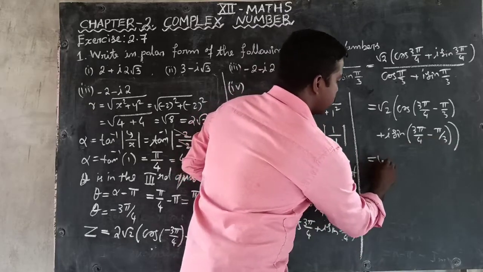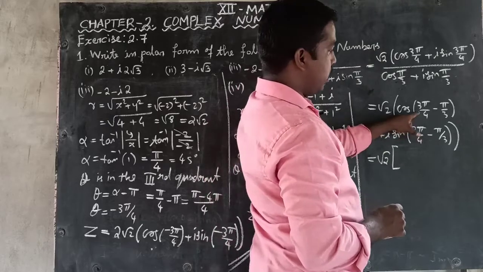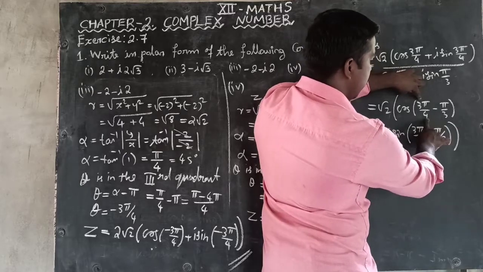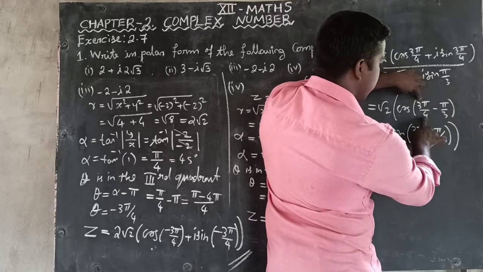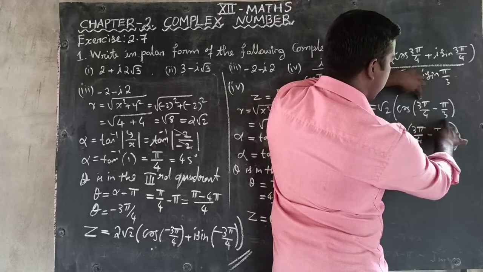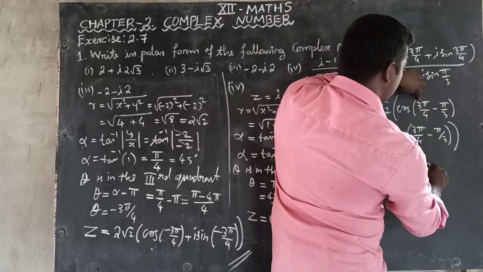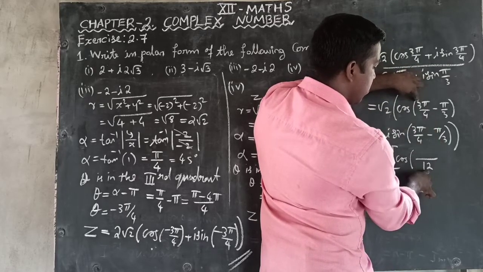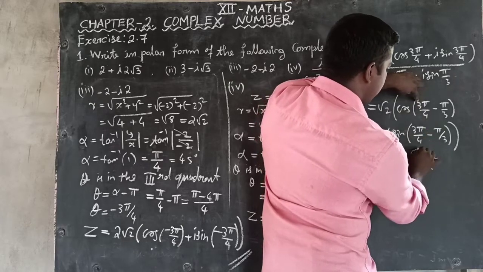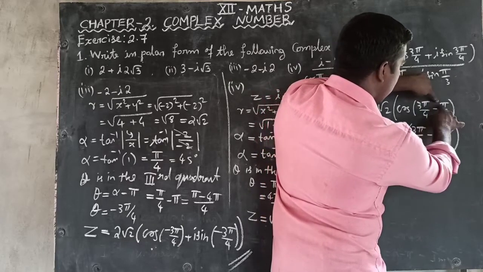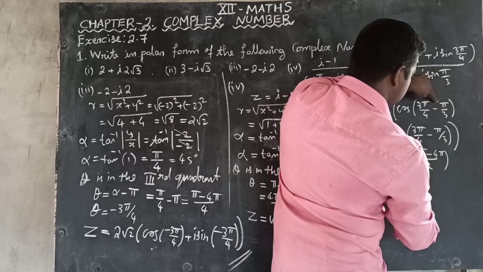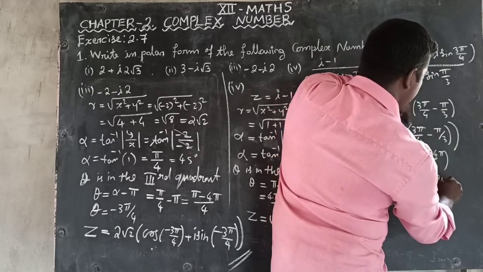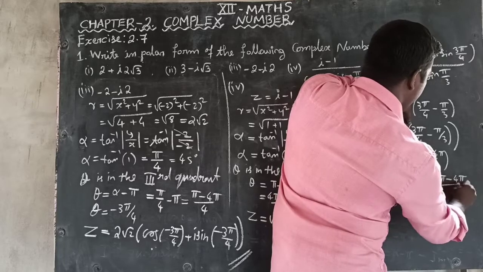So next, root 2 into cos of 3 pi by 4 minus pi by 3 plus i sin of 3 pi by 4 minus pi by 3. Now we have to combine these values, so we take the LCM of the denominators. For 4 and 3, the LCM is 12. In the numerator, 4 goes 3 times into 12, so 3 threes are 9 pi, minus 4 pi, divided by 12. In the sine also, 9 pi minus 4 pi divided by 12.